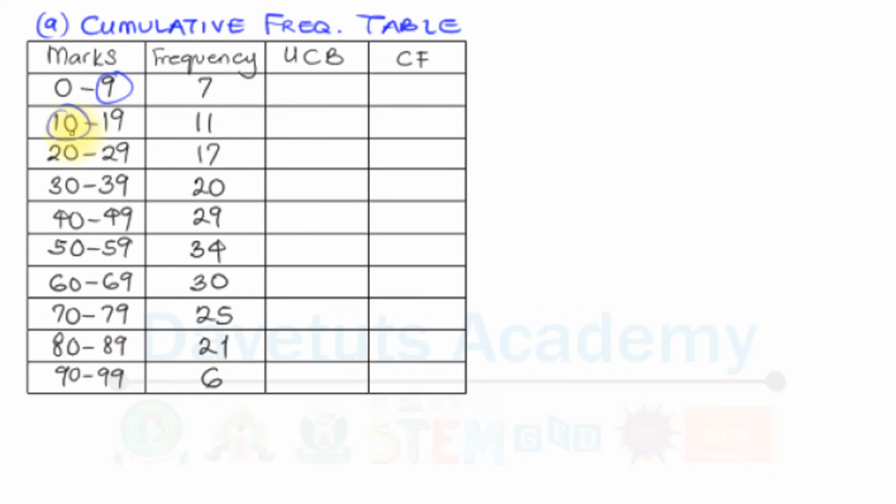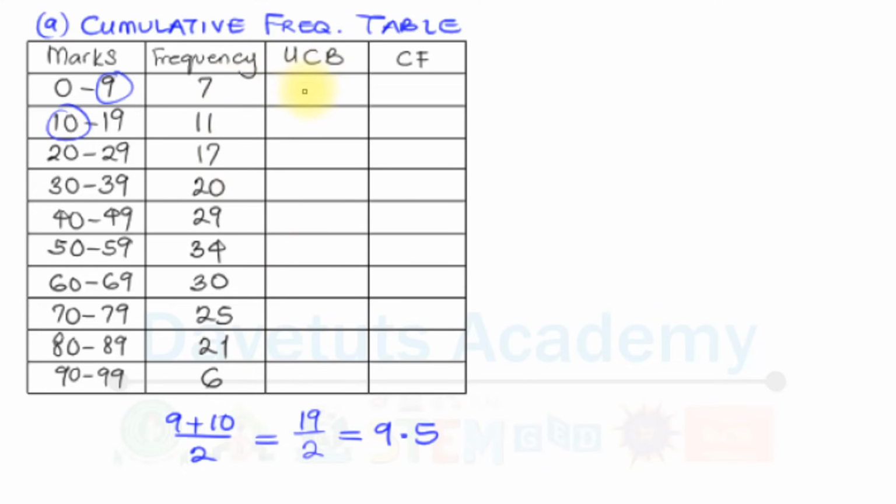Here we have 9 and 10, meaning that the upper class boundary for the first case will be 9 plus 10 divided by 2. 9 plus 10 is 19, so we have 19 over 2, and 19 over 2 is 9.5. So that's how we are going to compute the upper class boundary for each class.